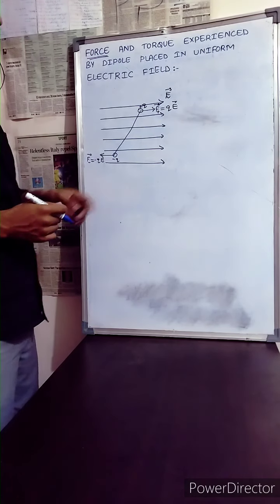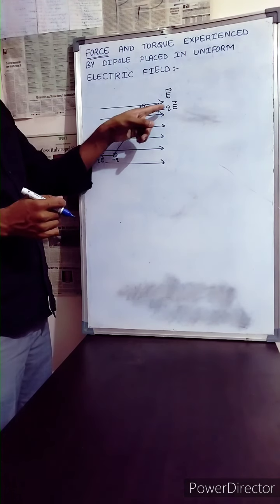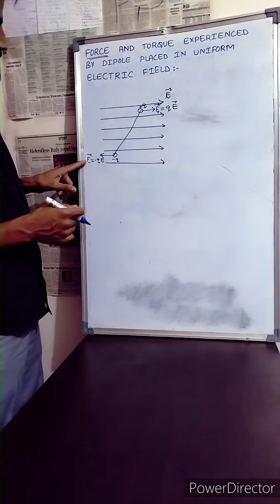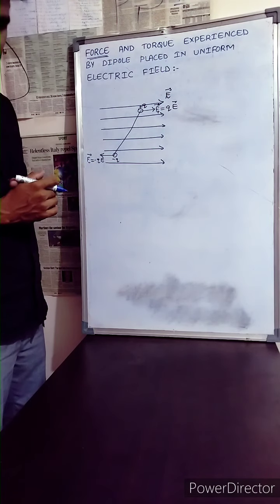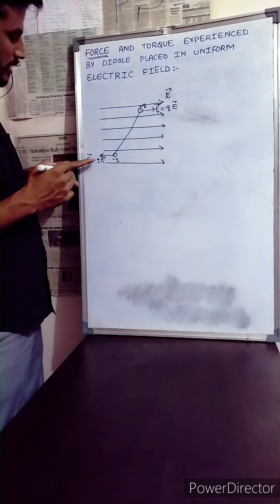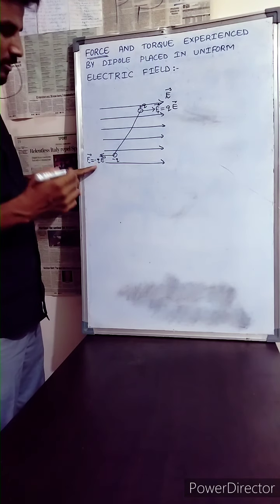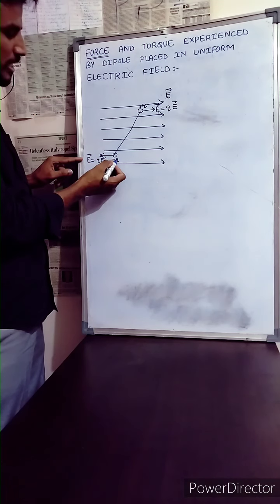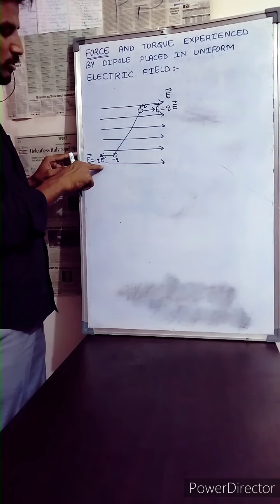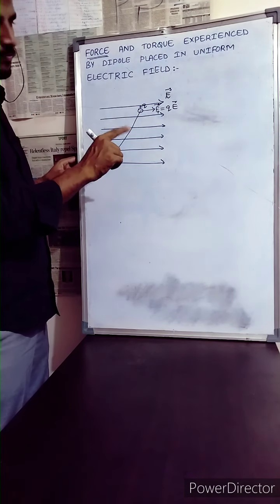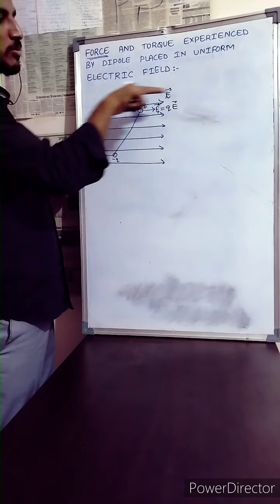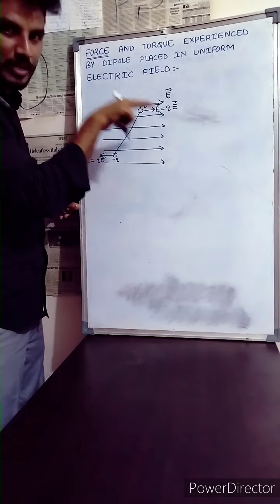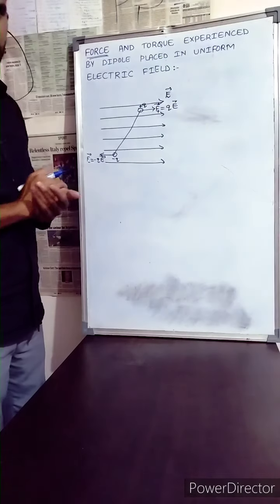The negative sign represents that the force experienced by the negative charge is opposite to the direction of the electric field. Here the force experienced by the positive charge is along the direction of the electric field, so I have written a plus sign there.